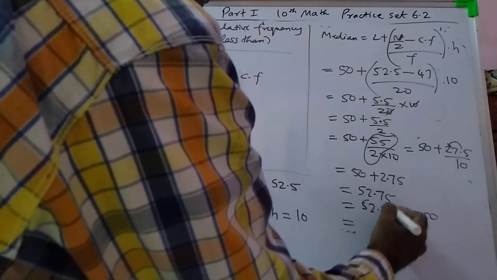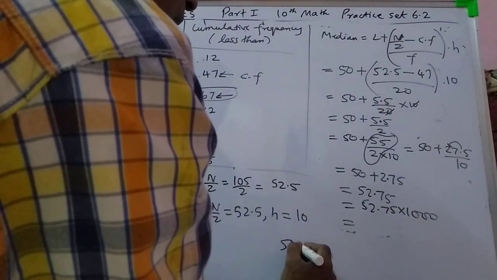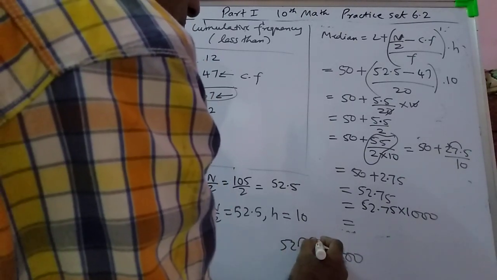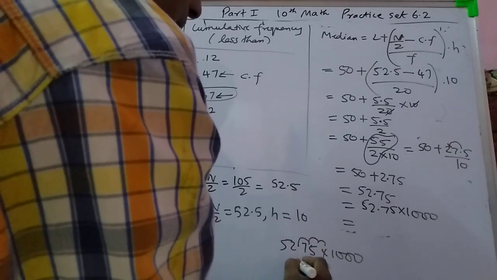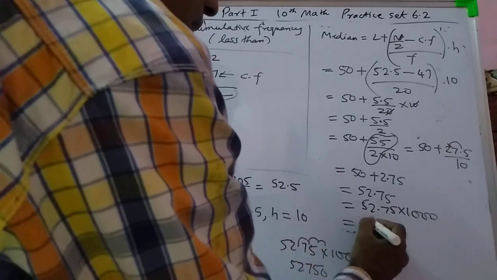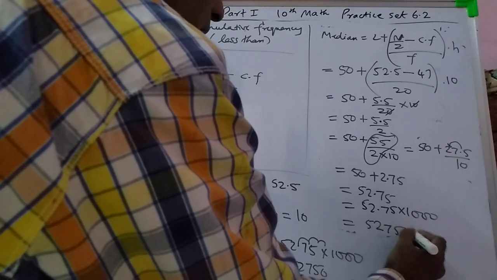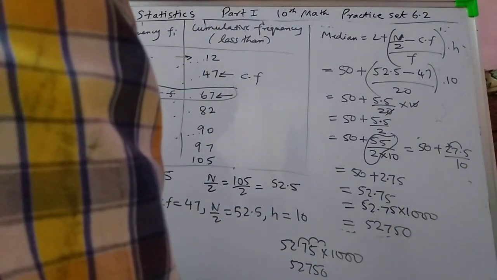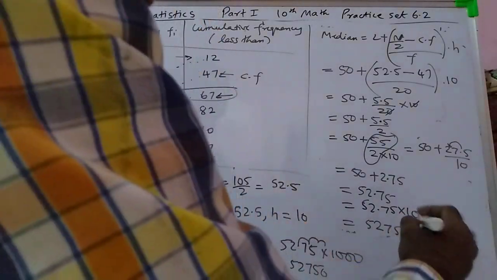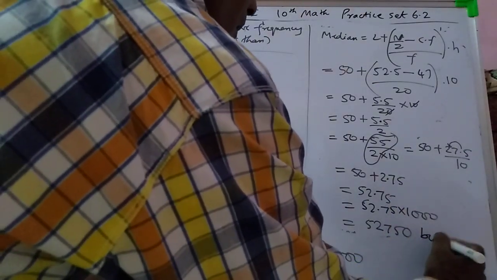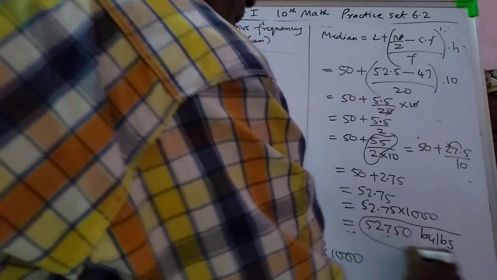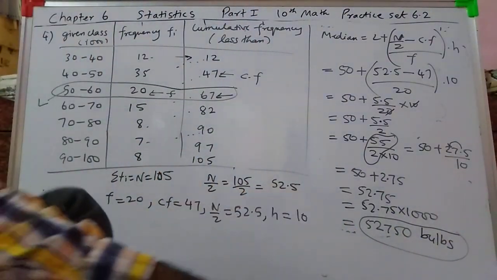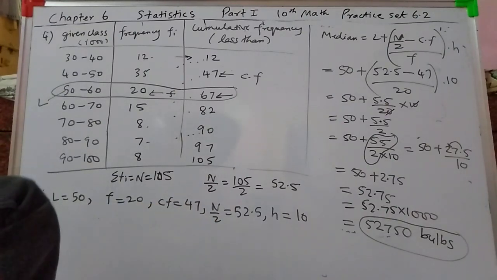So that point will shift like this. 52.75 into 1000, 1, 2, 3. That will become 52750 bulbs. Okay. That's all you have to write. So this is the final answer for this. I hope you got this. Let's move on to another problem.